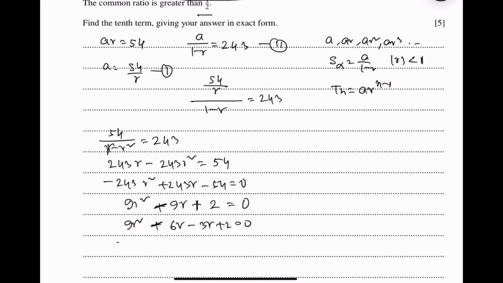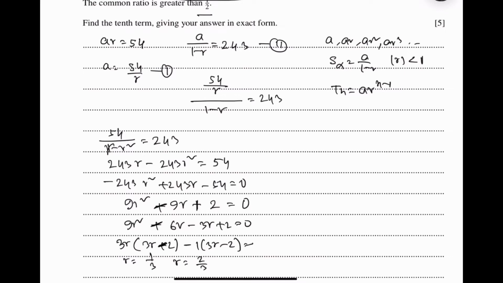So 3r minus 2 is common, and 3r minus 1. So r equals 1 by 3, and r equals 2 by 3.